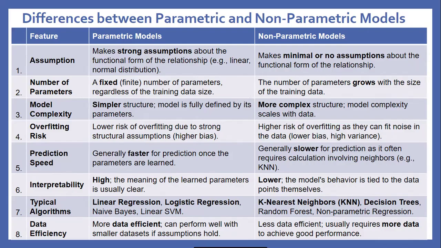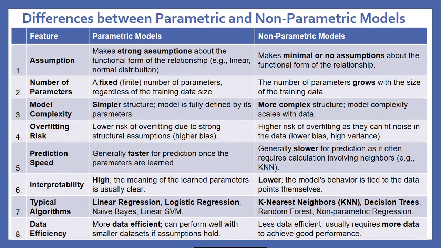Model complexity. Parametric models have a simpler structure, fully defined by their parameters, with lower risk of overfitting due to strong structural assumptions, but higher bias. Non-parametric models have a more complex structure, with complexity that scales with data, and a higher risk of overfitting as they can fit noise in the data, lower bias, high variance.